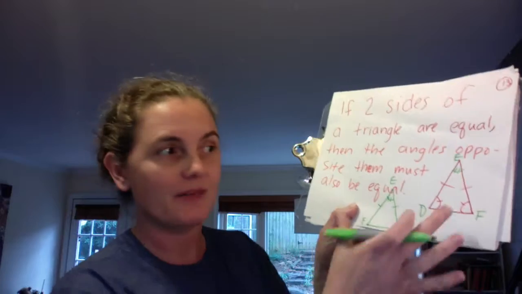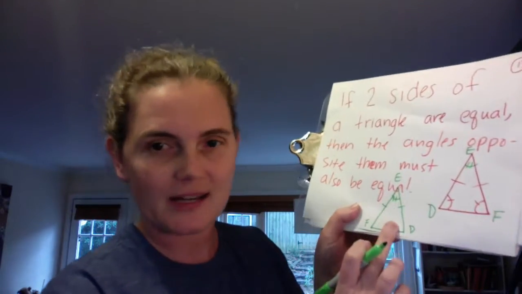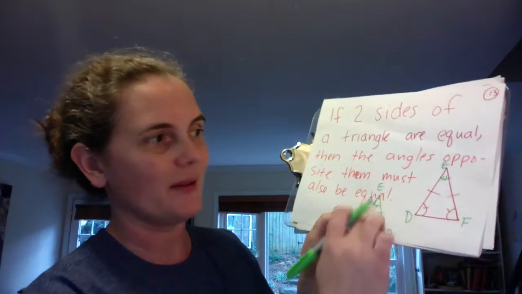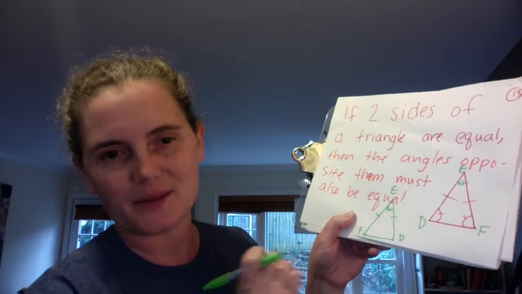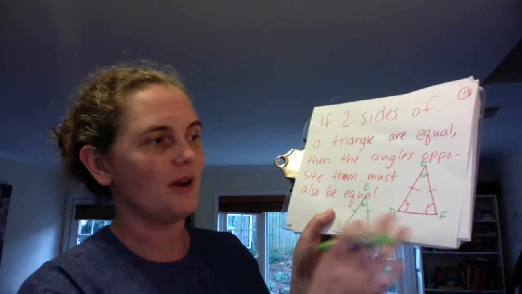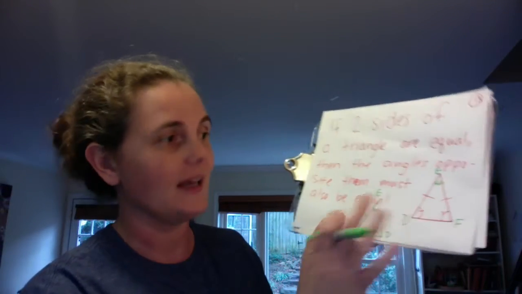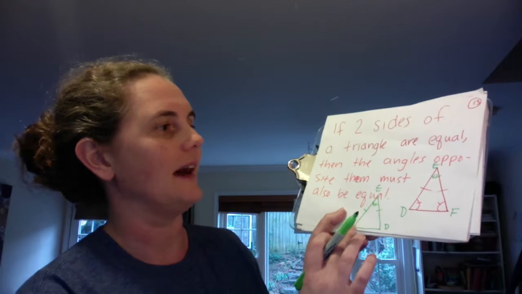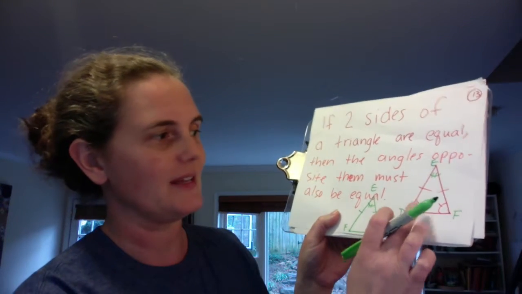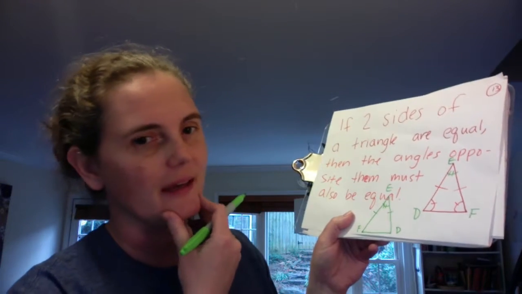So if this ghost triangle is here, then it must be congruent to this one because the sides are equal and that angle at the top is equal. Because of SAS congruence, you know that these two triangles have to be congruent. And that means that these two angles down here are also equal to these two angles over here.